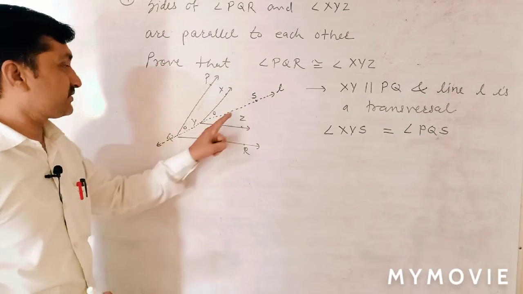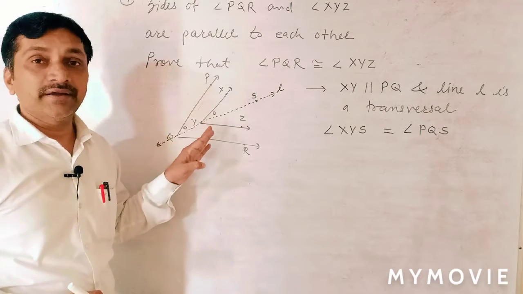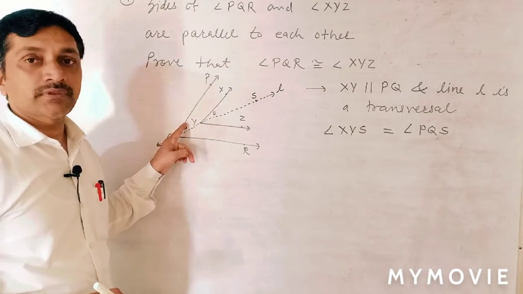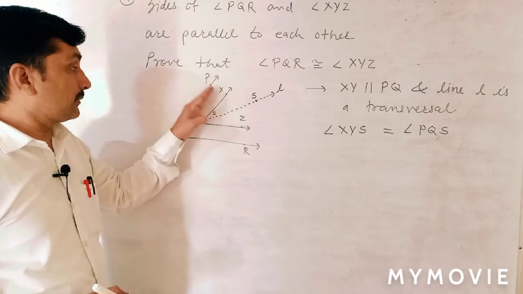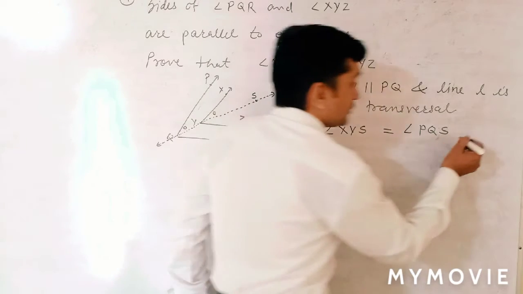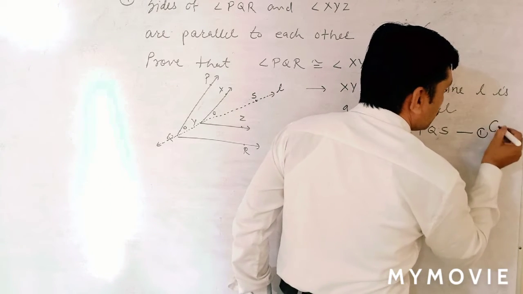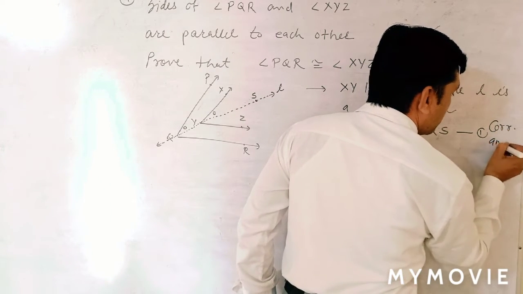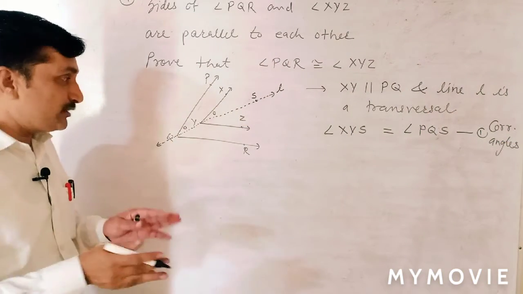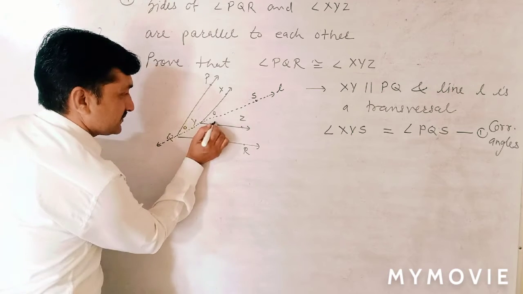XYS and PQS are equal. Why? Which type of angles are these? These are corresponding, above the parallel lines and on the same side. Corresponding angles. Give here number 1. And you can write here corresponding angles. In the same way, take the second pair.